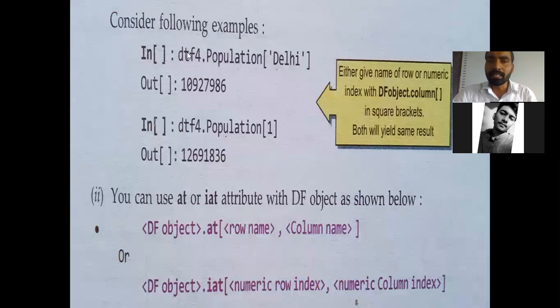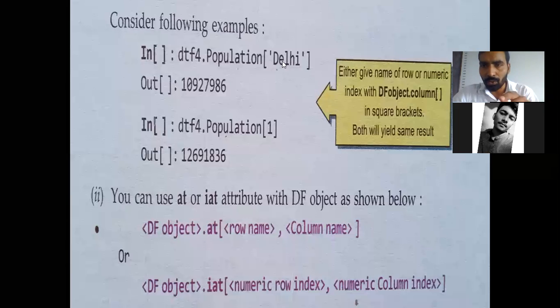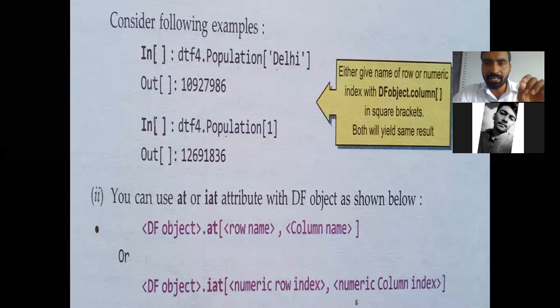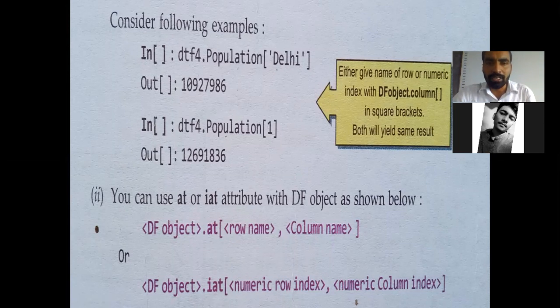As you can see in the example, if you write the data frame dtf4 dot the column name population, and in that the row name Delhi, then from the population column and the Delhi row, the particular value will be taken and displayed on the screen, as you can see here.